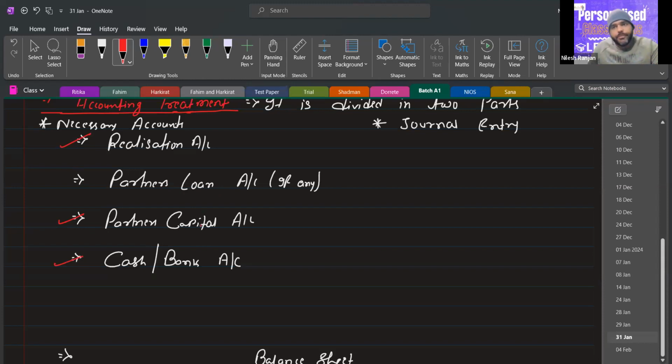All other accounts will be necessary, because whenever the question asks you to prepare necessary ledgers, partners loan will be opened only if there is a partners loan in the question. For all other accounts, there is no condition. You have to open these accounts.